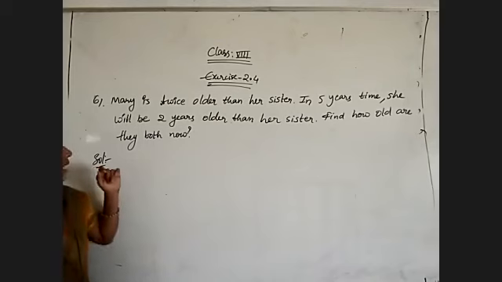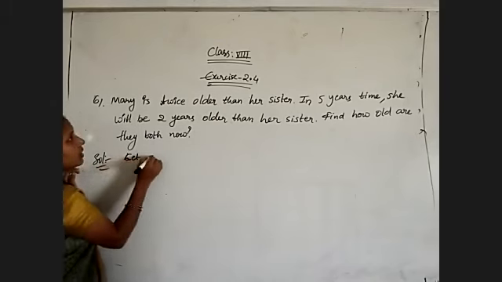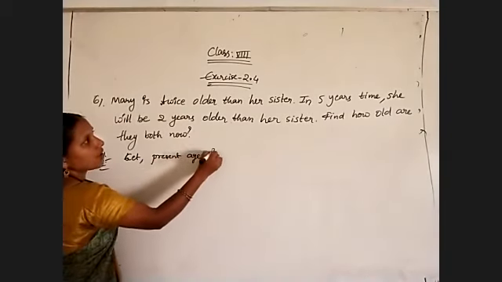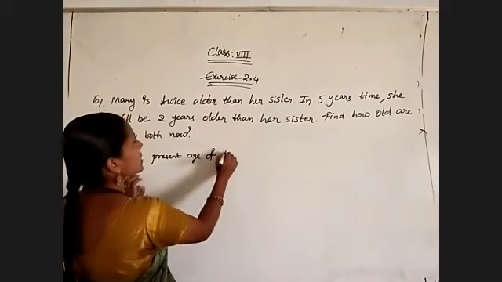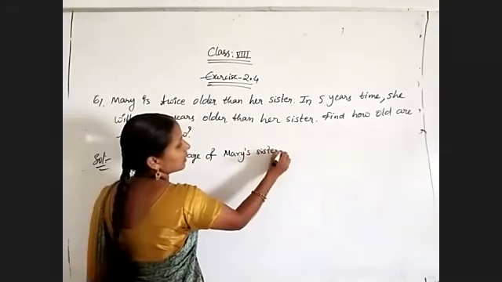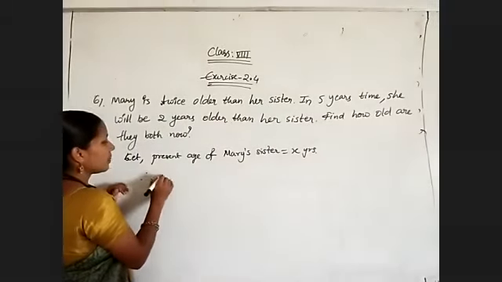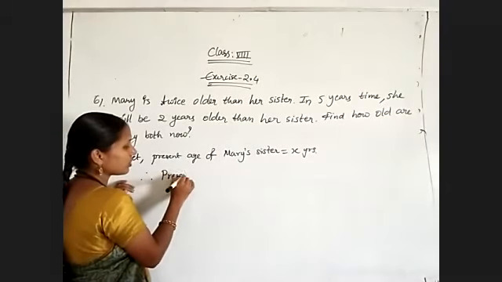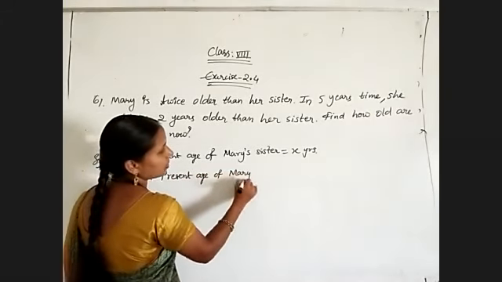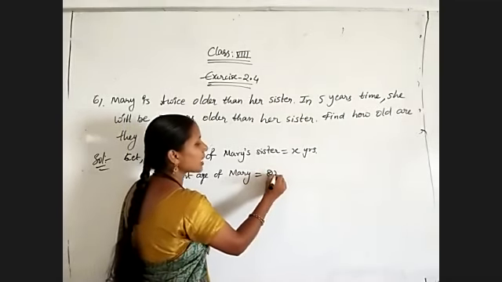Find how old are they both now. First of all, let the present age of Mary's sister be equal to x years. Therefore, the present age of Mary will be equal to twice of her sister, that is 2 into x, 2x years.